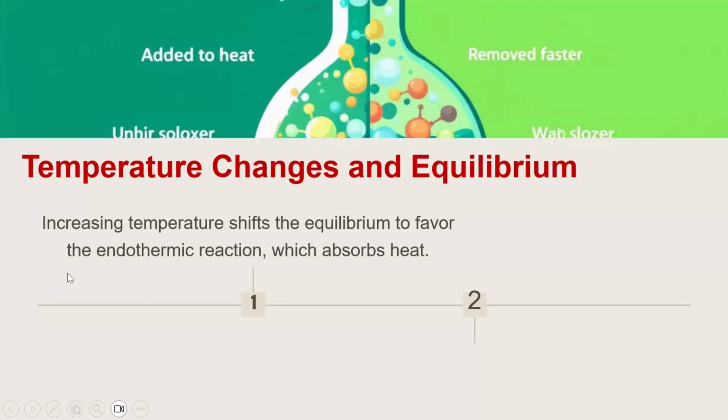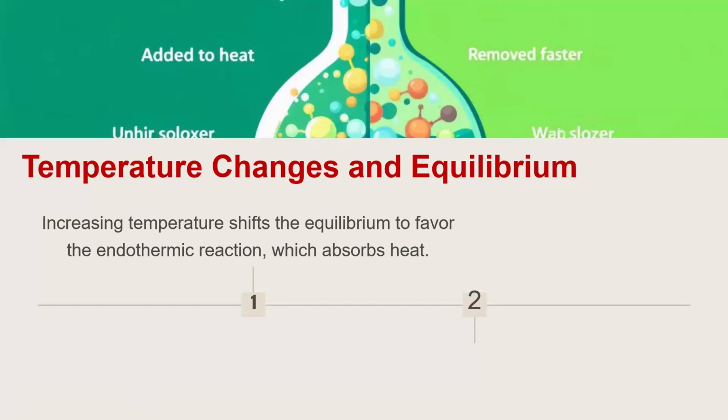Temperature change can be an increase in temperature, adding more heat, or a decrease, or removing of heat. Increasing temperature will shift the equilibrium to favor the endothermic reaction. Why? Because usually when stress is applied to a reaction at equilibrium, the reaction will shift to favor the direction which will consume this effect.